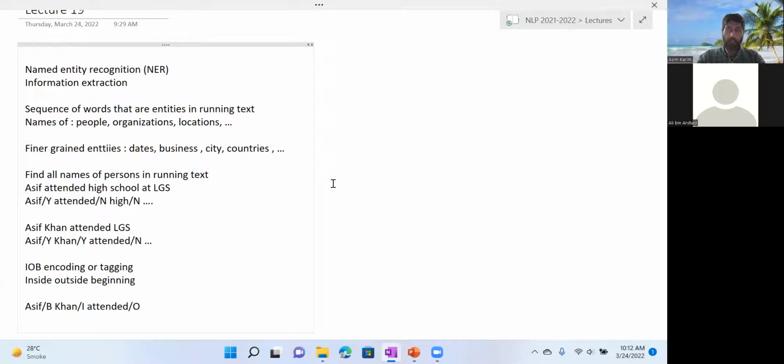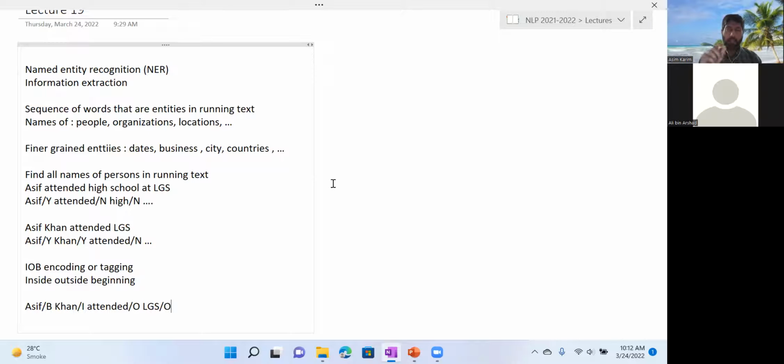This will be outside. This is not a named entity. LGS is also O. So in other words, instead of just one label, we now have three possible labels. For one named entity type, like the name of a person, we have three possible labels: either it is going to be an I or O or a B.